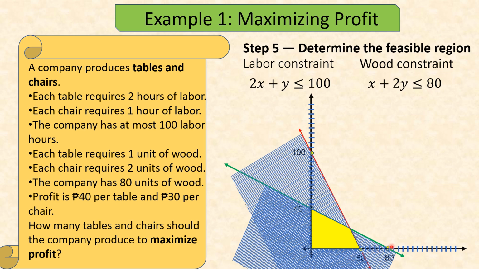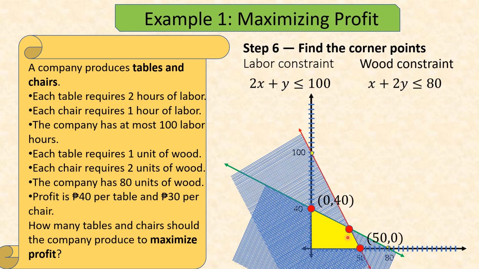Okay, so as you can see, we have four corner points here. So we need to find the corner points. First, this point represents the coordinate 0 and 40, while this point at the x-axis is represented by coordinate 50 and 0.